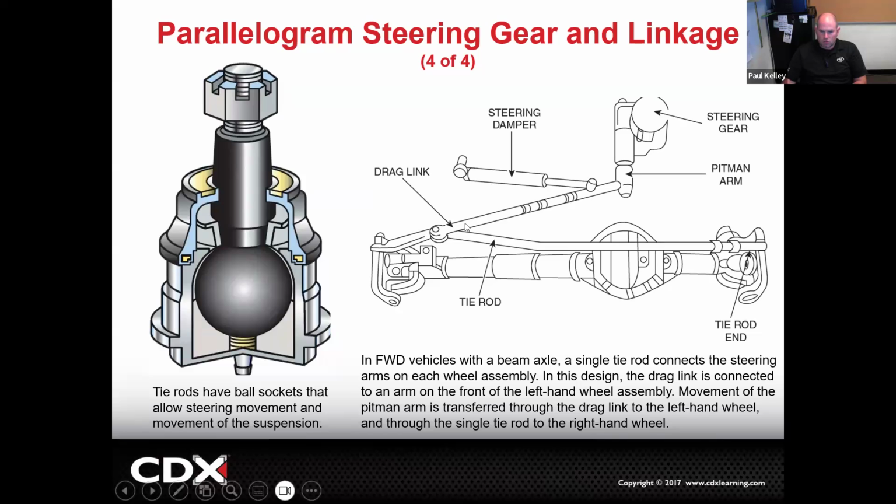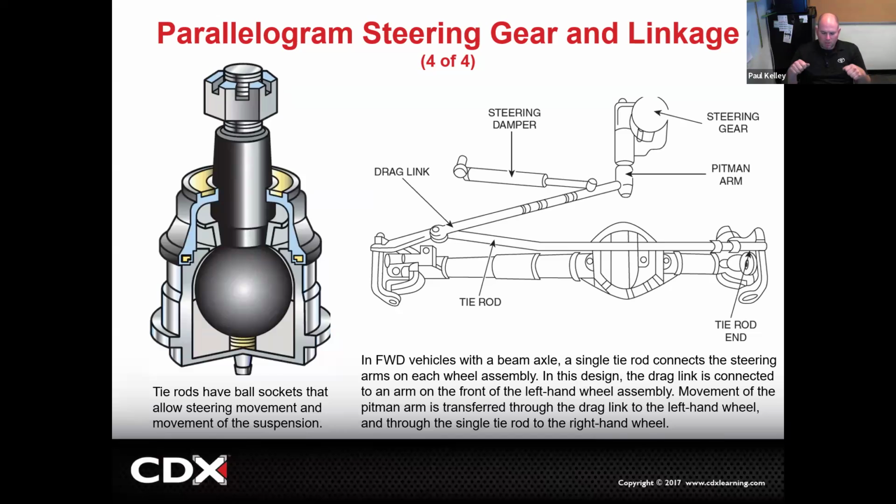And then there's the drag link that a lot of times will have an adjustment. It's kind of a weird setup. The tie rod itself controls your toe in or toe out, but the drag link controls whether your steering wheel is centered or not. So there are two very different adjustments. You don't just have a set of tie rod ends. I'm very, very familiar with tie rod ends.